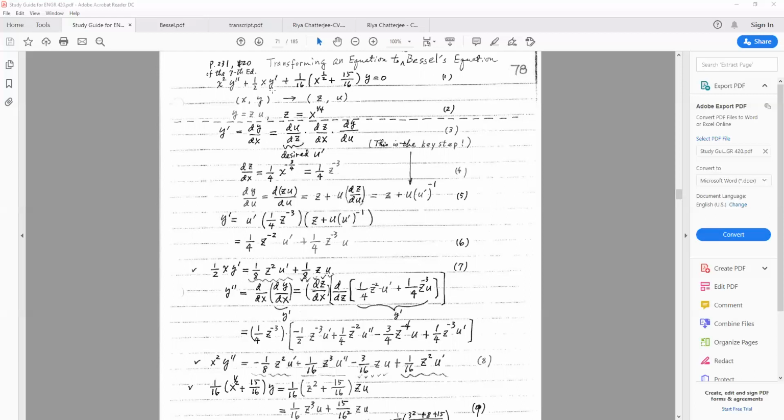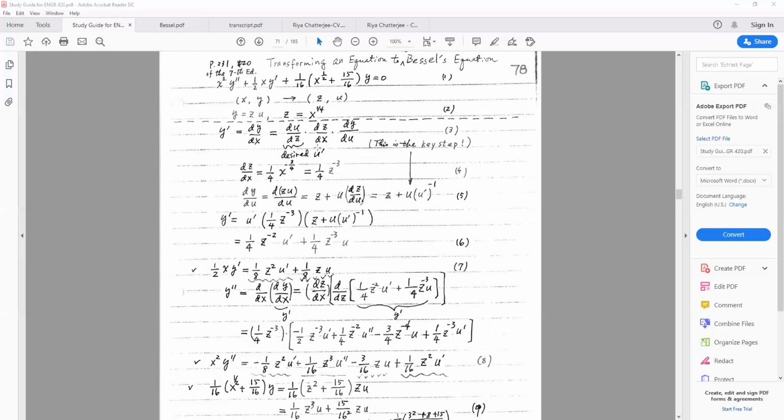But we do need a y prime. Y prime in the given equation means dy/dx. But the new equation allows only the derivative of u with respect to z. Therefore, we have to activate the chain rule for both the dependent variable u and the independent variable z.